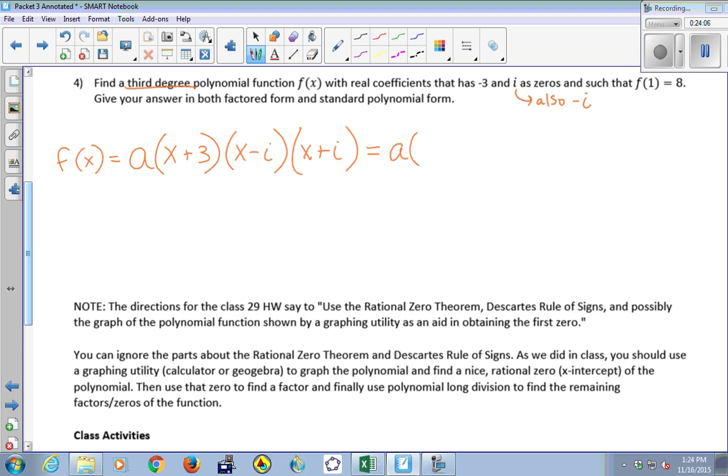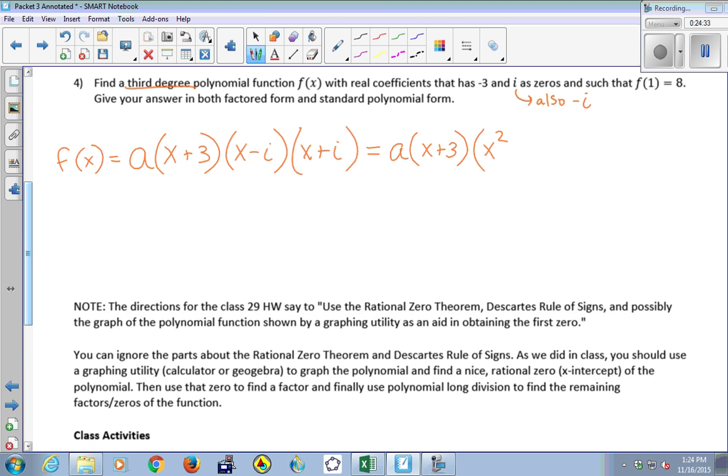So this is a. I'm going to save the x plus 3 for a minute, and I want to FOIL x minus i, x plus i. So I get x squared plus ix minus ix. What happens when you have 2 terms that are the same, but one's positive, one's negative? They cancel and make 0.